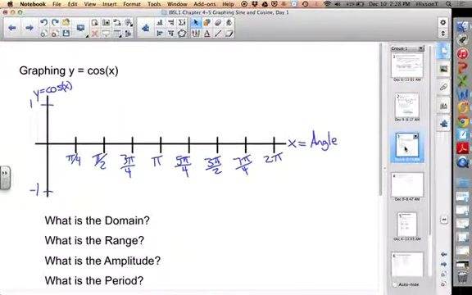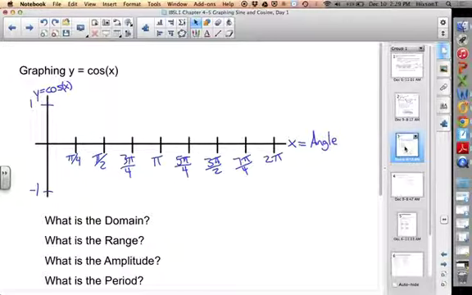Someone want to put theirs up if they're done? When x is 3 pi over 4, the point I was pointing out is this point right here. So that's the angle 3 pi over 4.